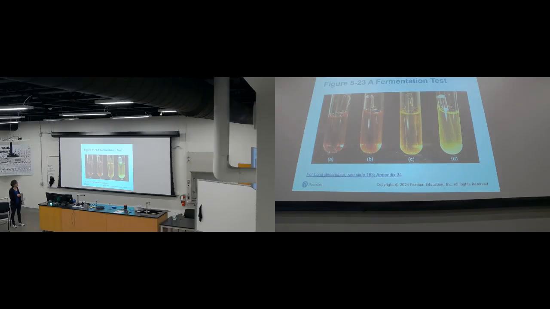So this will be your control. You haven't grown any bacteria here, and then you have your inverted Durham chamber. This bacteria in here doesn't ferment mannitol, and if it doesn't ferment mannitol, it's not going to produce gas. These bacteria ferment mannitol, but don't produce gas, while this one ferments mannitol and produces gas.